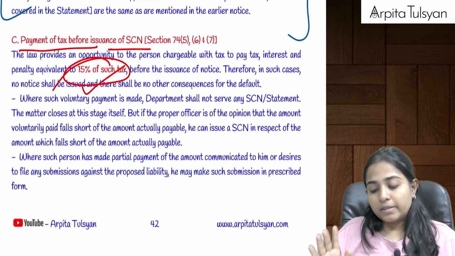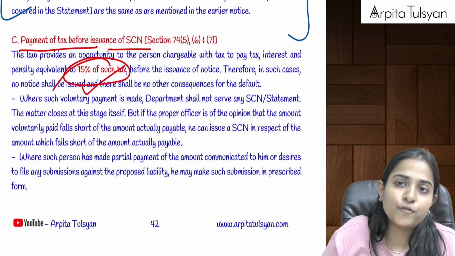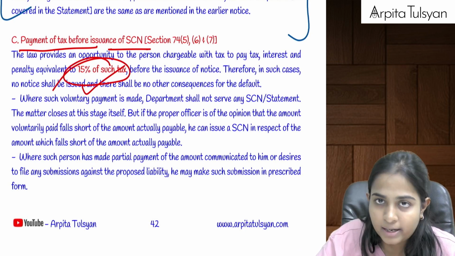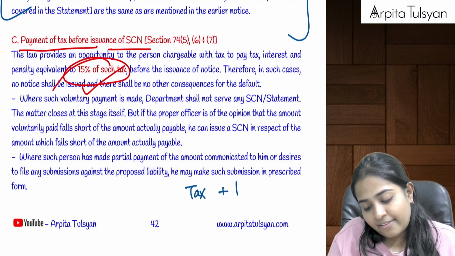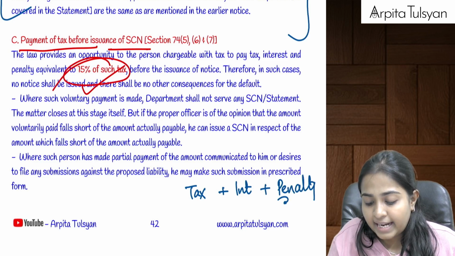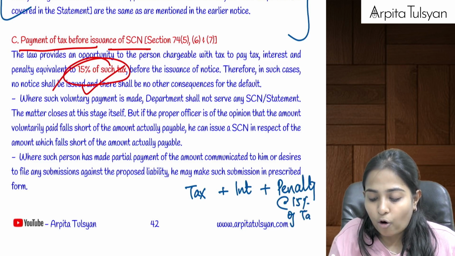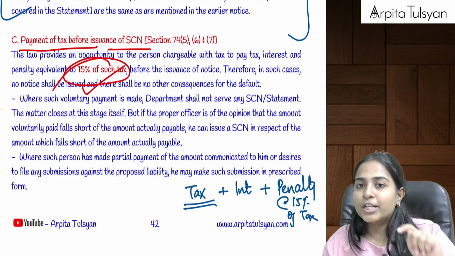Right? Now listen. If the taxpayer comes and says that before issuance of the show cause notice he pays the amount voluntarily, then he will be liable to pay the tax, plus the interest, plus the penalty at the rate of 15% of tax. Okay, there it was 0% if paid before issue of show cause notice.